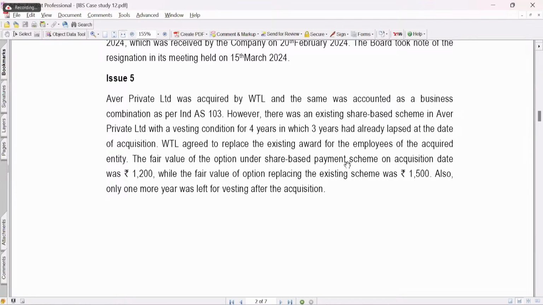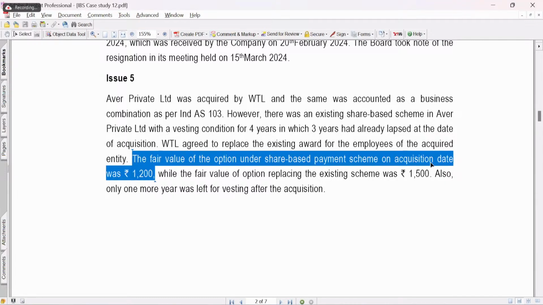Which is the original award? The fair value of the original award is 1200, the fair value of the option on the acquisition date. So on the acquisition date, you have the original award, whose fair value is 1200. So 1200 into 3, which is your vesting period completed, divided by the total vesting period, which is 4 years.